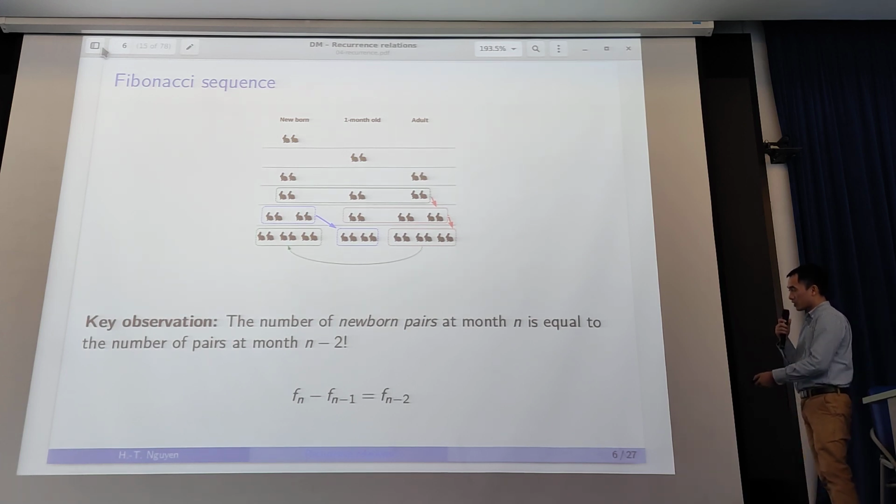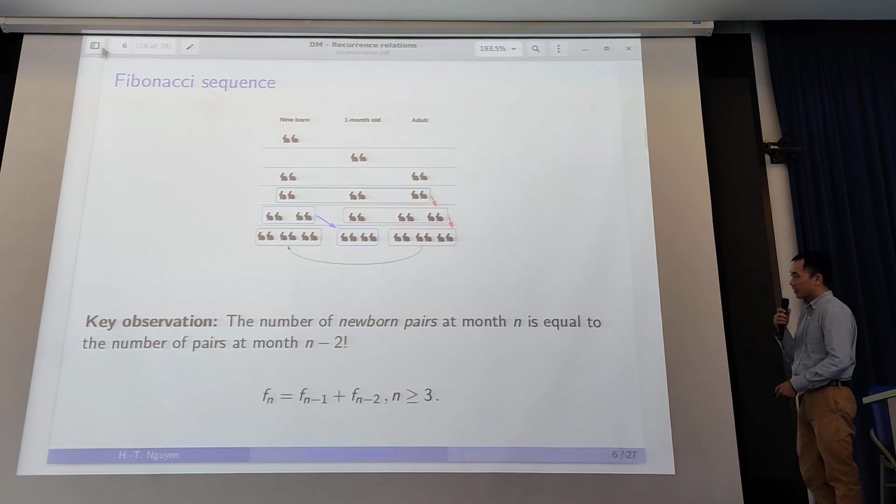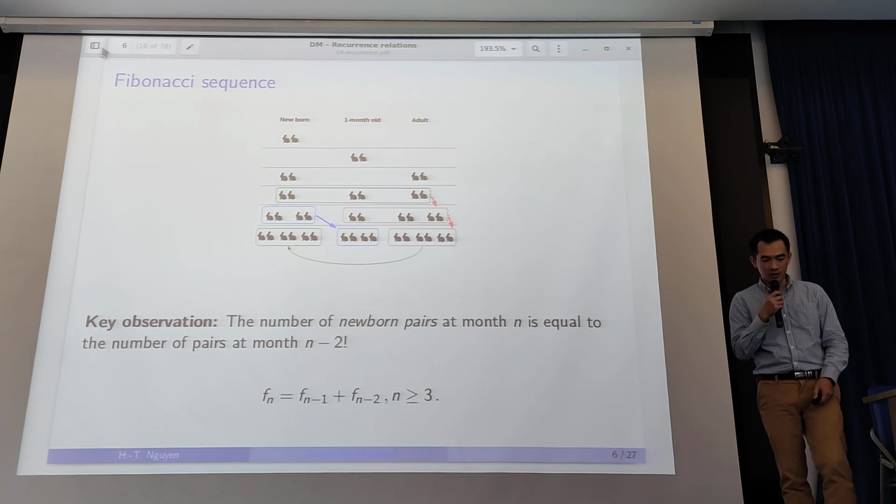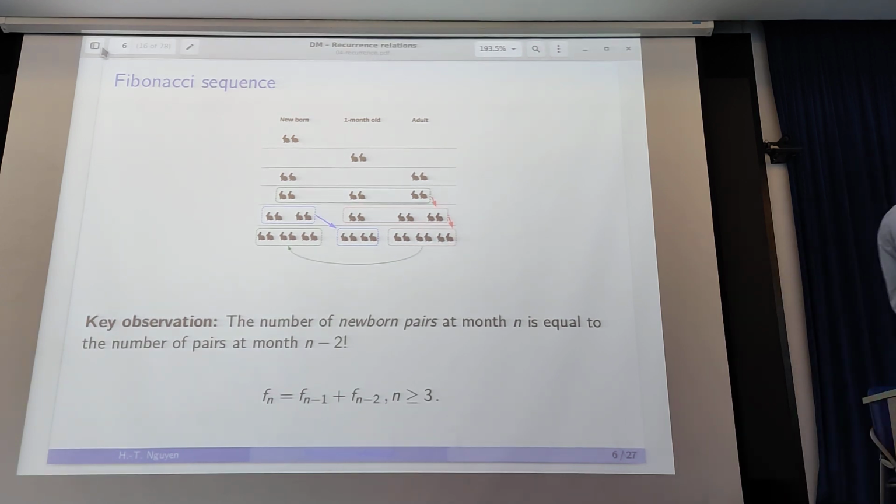And if you move this term to the right, then you get this relation: f_n is equal to f_(n-1) plus f_(n-2).